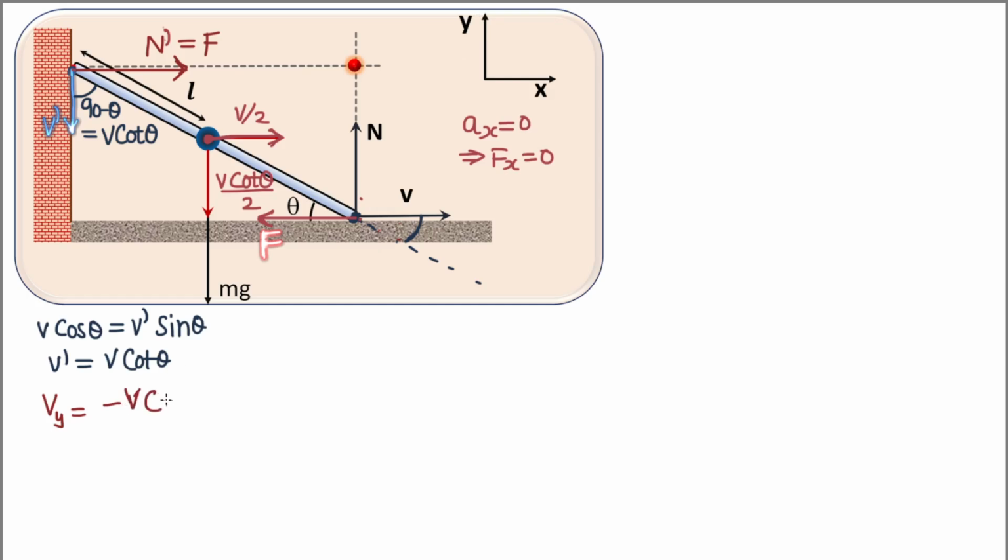So minus v by 2 cot theta is vy. So acceleration along the y direction will be equal to dvy by dt. That is going to be equal to minus, the 2 will get cancelled out, v by 2 cosec square theta into d theta by dt, right?